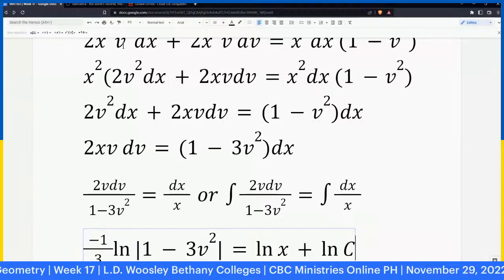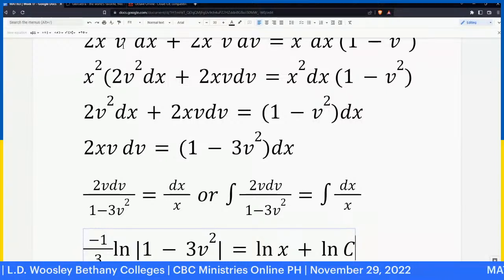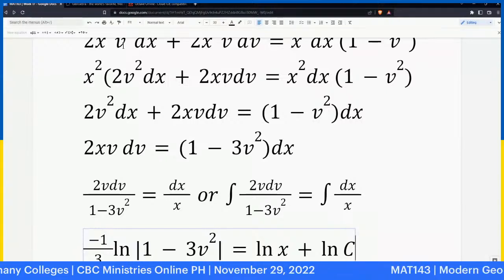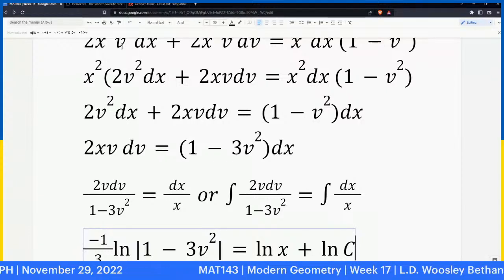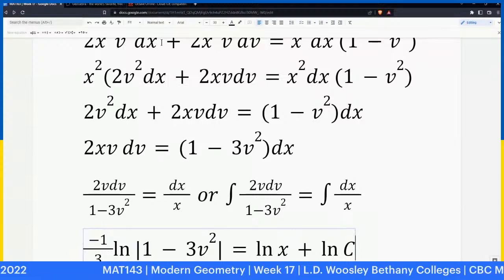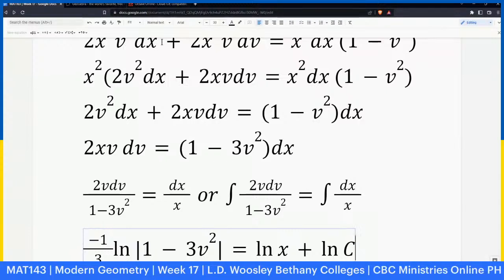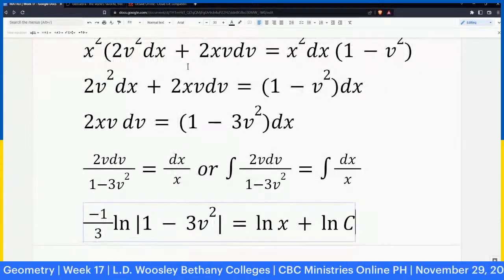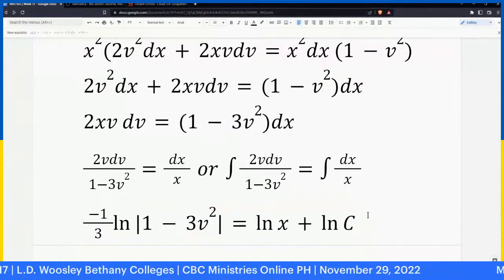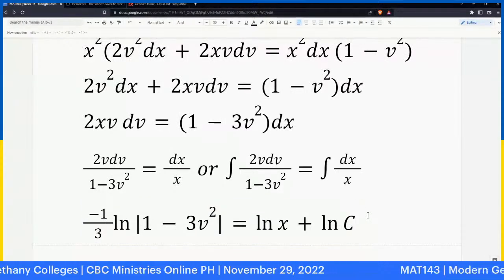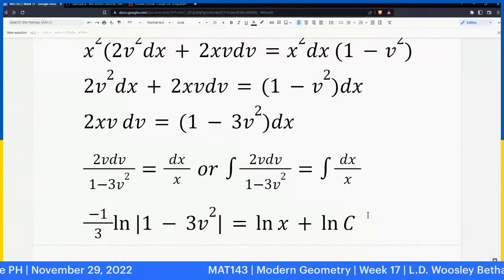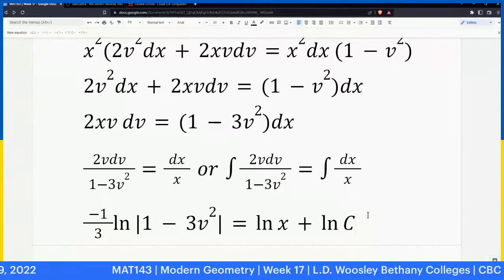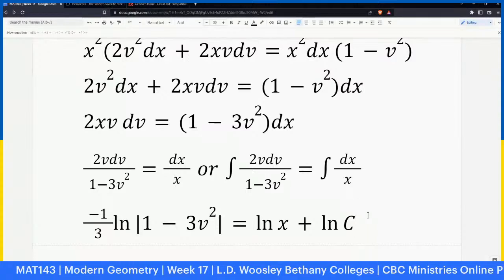Pero sige, tuloy ko na rin to. Okay, from here, pwede natin tanggalin yung fraction, no? Negative, matitira lang yung constant, i-equate natin sa 0.